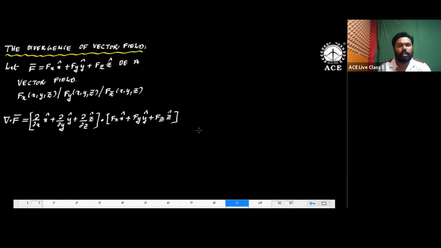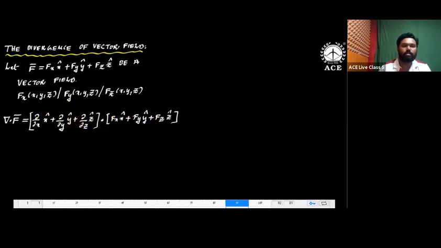Okay. See here, how do you perform the dot product? Dot product is also called inner product. Yes, you can multiply these two, and these two, and the remaining all combinations are zero. Let me write down the dot product rules here. I am going to justify that in the coordinate system. What are the dot product rules? X dot x is equal to 1. Y dot y is equal to 1.